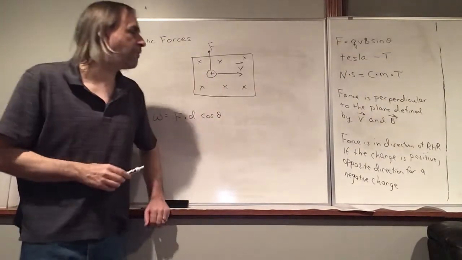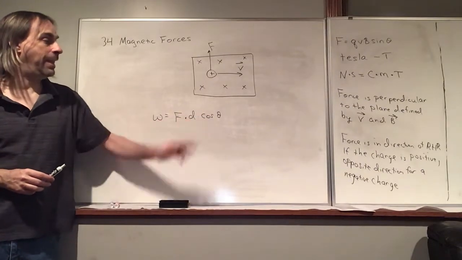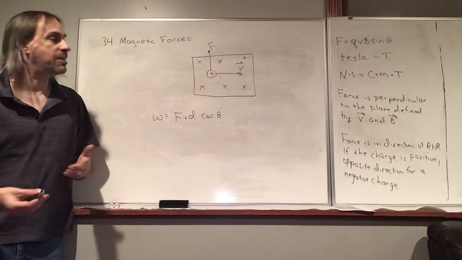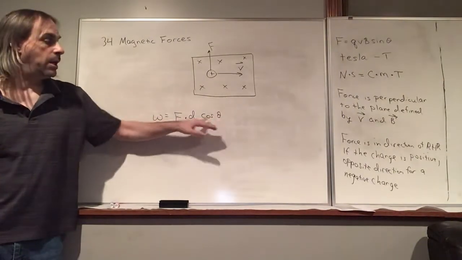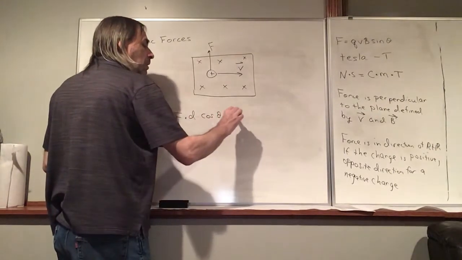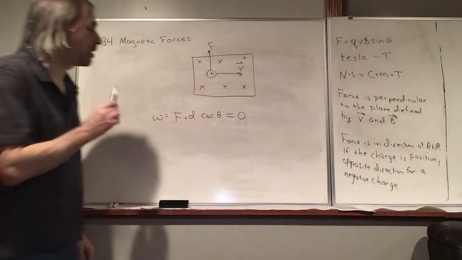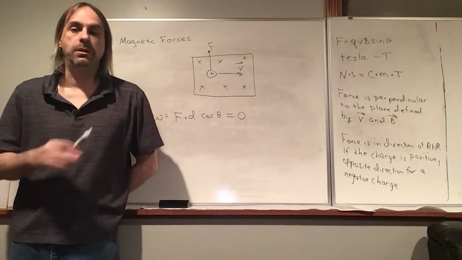For magnetic forces, it's always perpendicular to the direction that it's moving. So this angle is always 90 degrees, and cosine of 90 degrees is 0. So what we've concluded is that the work done by a magnetic field is always 0.